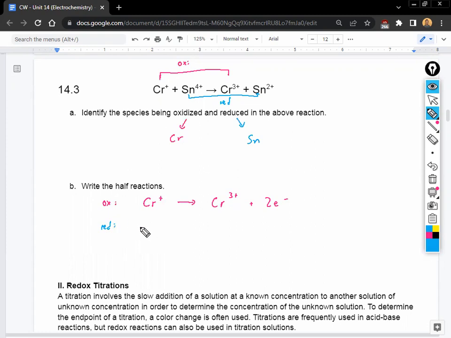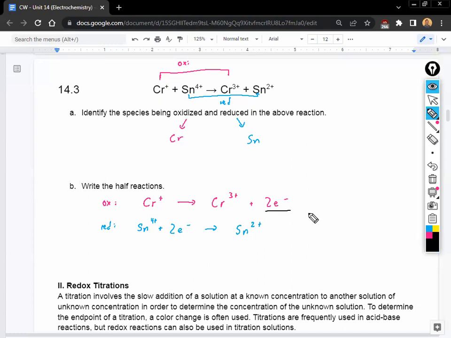Okay, reduction is going to be for tin. Now, if chromium has free electrons on the product side, that means we're going to have the same number of free electrons on the reactant side. So the electrons that chromium gives up, tin is going to eat them up, and it's going to turn into 2+. Okay. So again, an easy way to write the half reactions is remember oxidation.